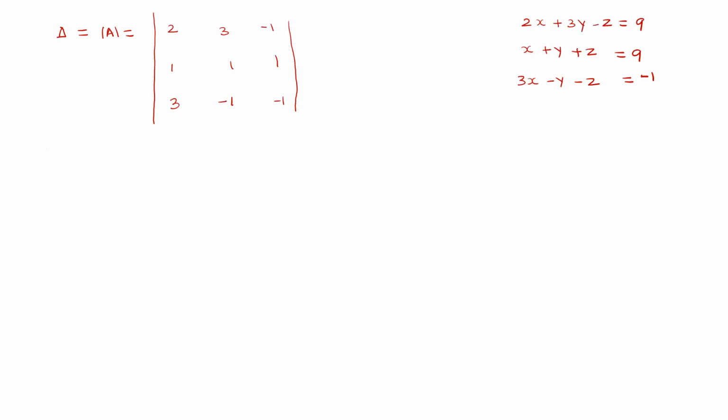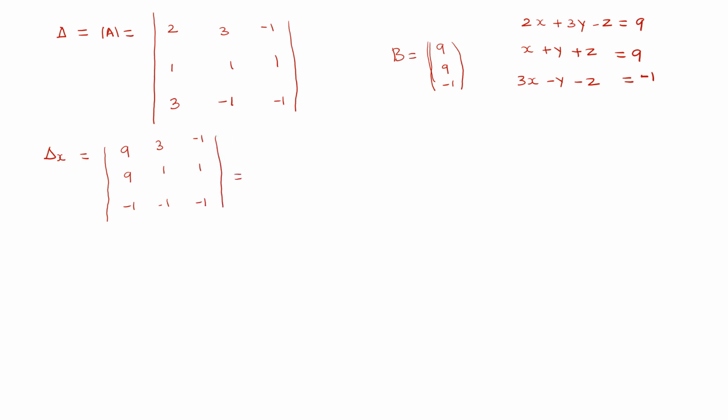Now we're going to find the delta x value. The delta x value means that from the determinant of A, you replace the coefficient of x by the matrix B value. What is matrix B? It is 9, 9, and -1. The first column is changed to 9, 9, -1. The remaining second and third columns we keep as they are: 3, 1, -1, and -1, 1, -1.